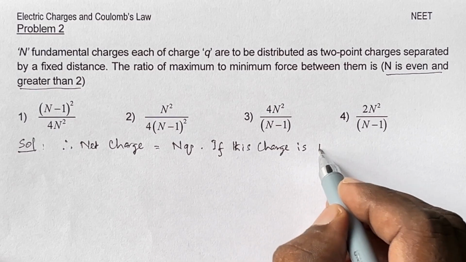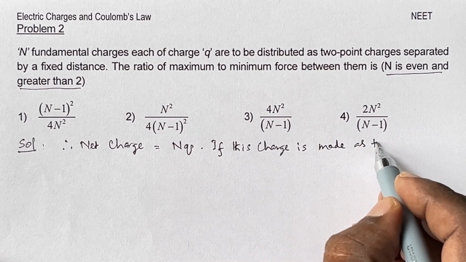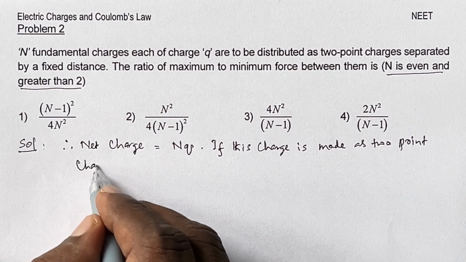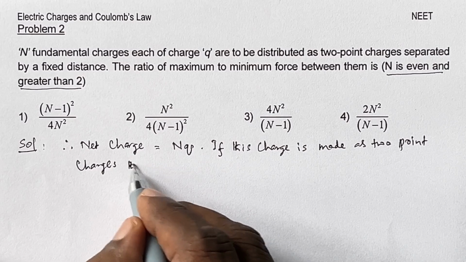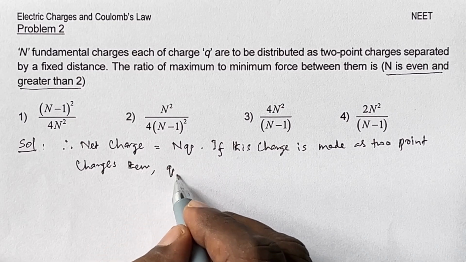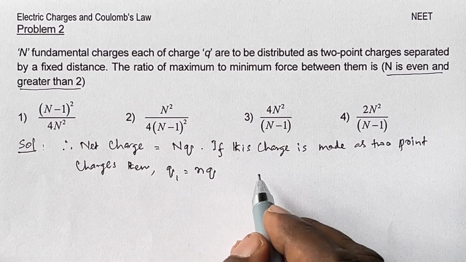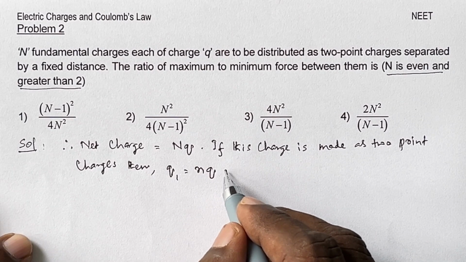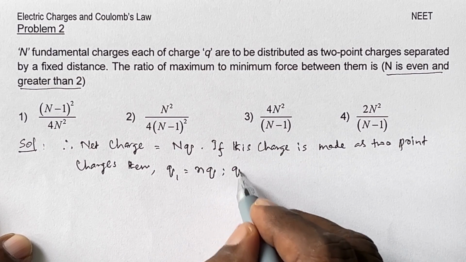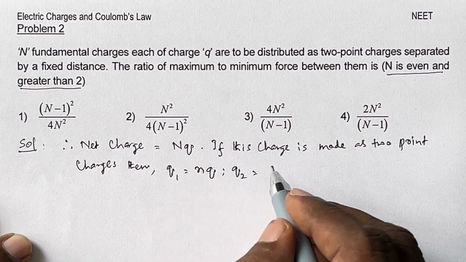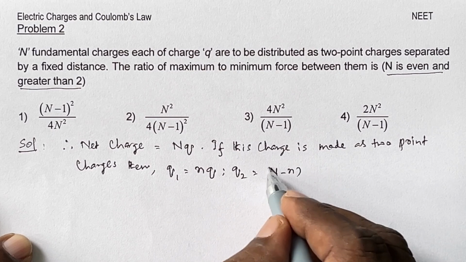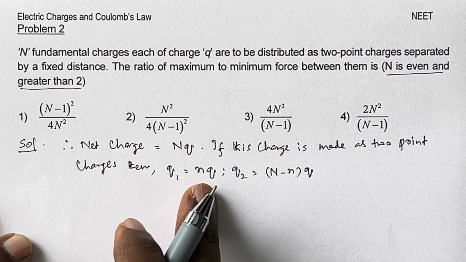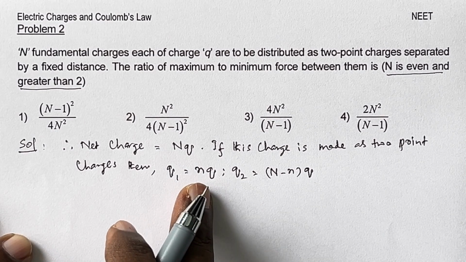Then Q1 charge is equal to some n into Q, where n is a natural number. And Q2 is equal to, see, n already came out, so the remaining charges are N minus n, into Q. So this n is not greater than capital N, and this n is a natural number.